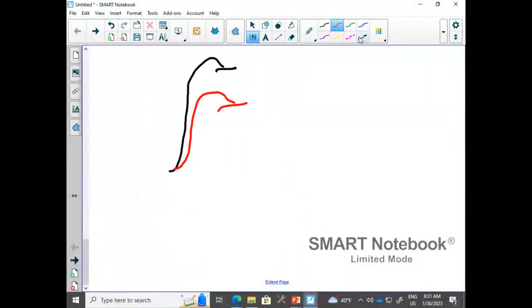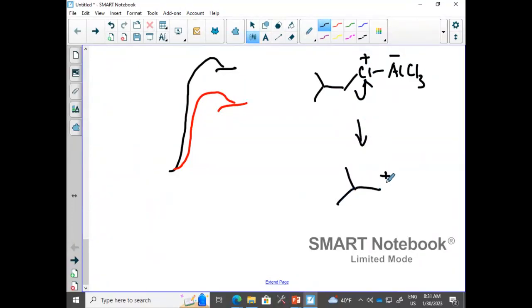If you directly form a primary carbocation, it would be the black pathway, because the primary carbocation is so much less stable than the tertiary carbocation. So this is a primary carbocation, and this is a tertiary carbocation.